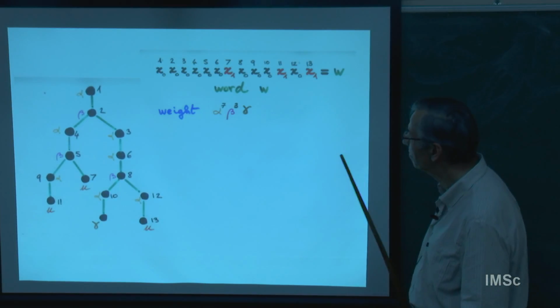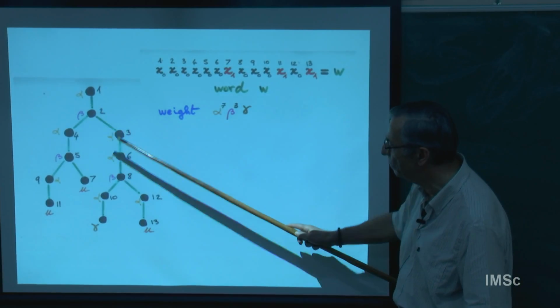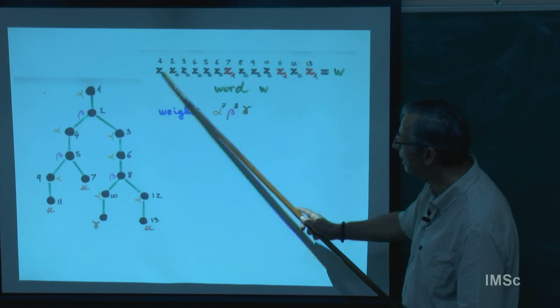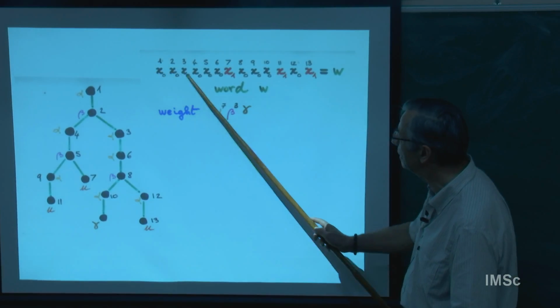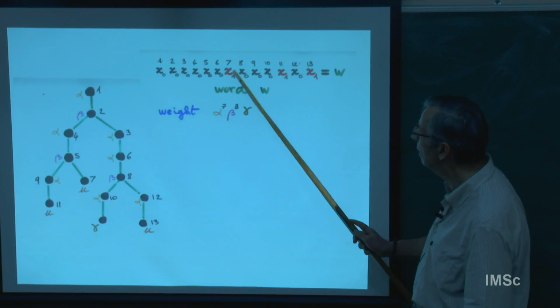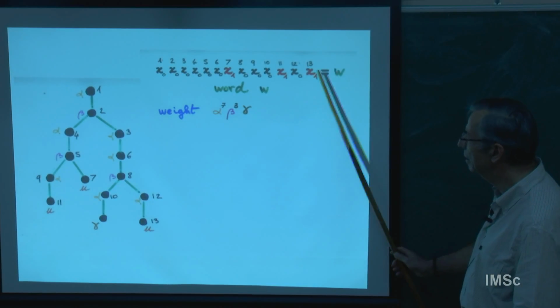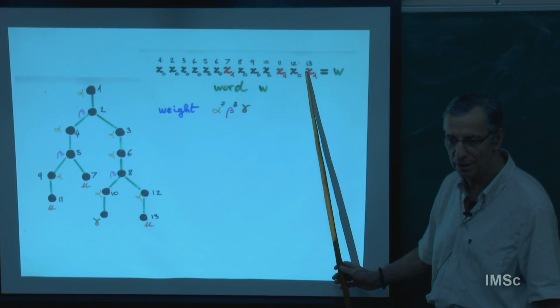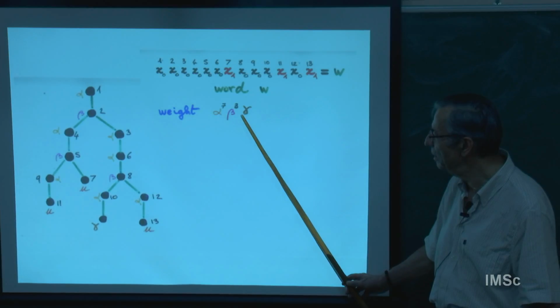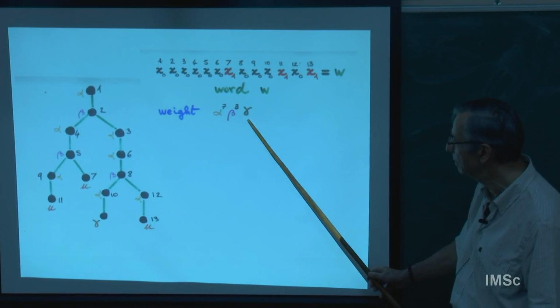So now if I read the vertices 1, 2, 3, 4, 5, 6, each time I have a black vertex, I put x0. Each time I meet a leaf with a label u, I put x1. So to this tree, I can associate a word. To this word, I can associate an iterated integral. The weight of the tree is going to be the total weight alpha beta multiplied by the integration constant.